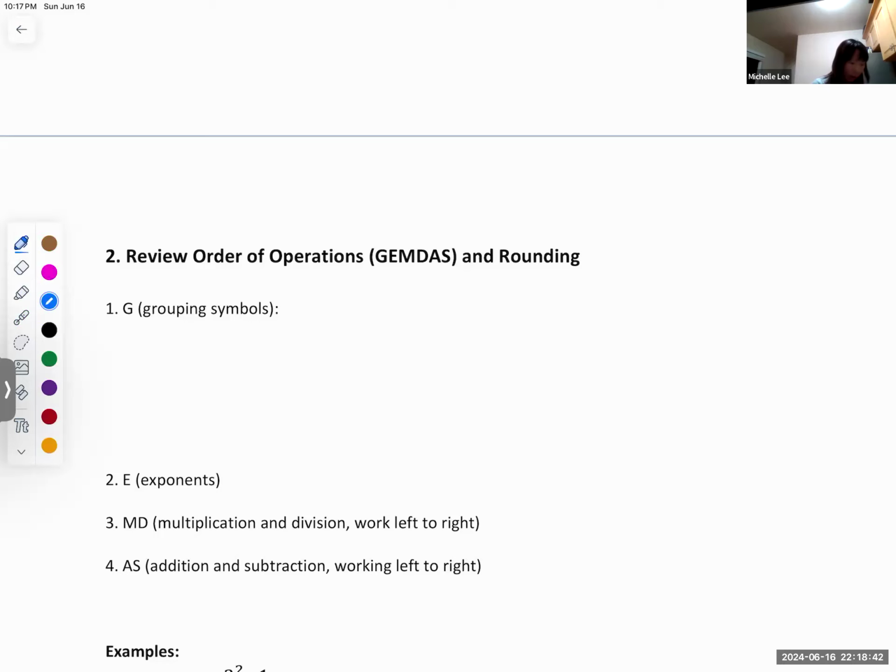This means work left to right, in order. Okay, so they say grouping symbols. So this is like a think, PEMDAS, right?